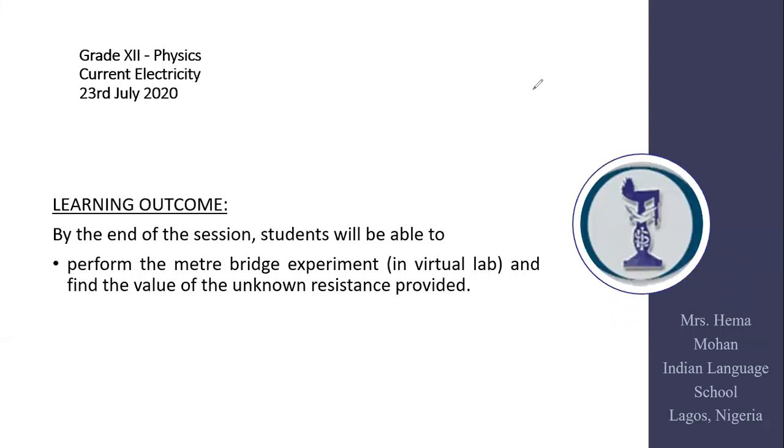The actual outcome is not to derive the Wheatstone bridge balance condition. The actual outcome would be, at the end of you finishing the virtual lab experiment, to determine the unknown resistance that is provided in the particular site.